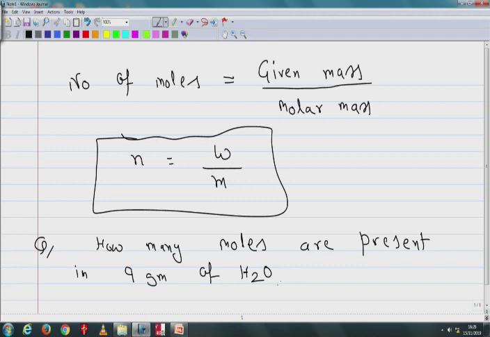Guys, the molar mass of H2O is 18 gram per mole. So just use the formula and try to answer this question.